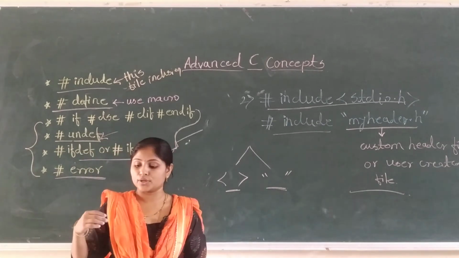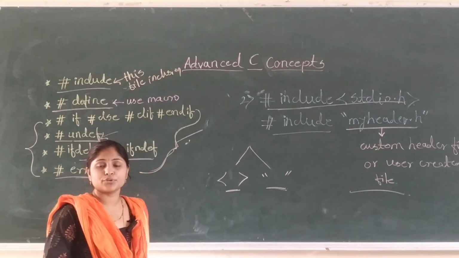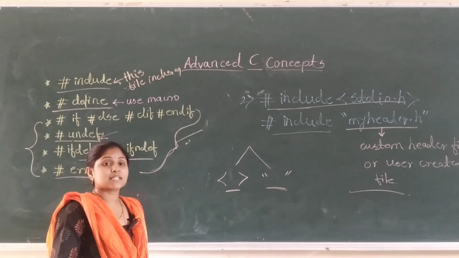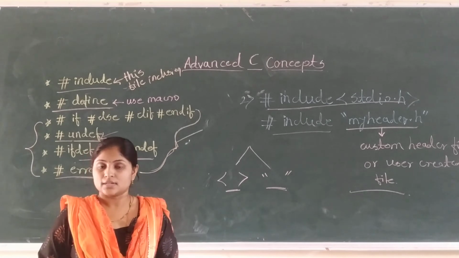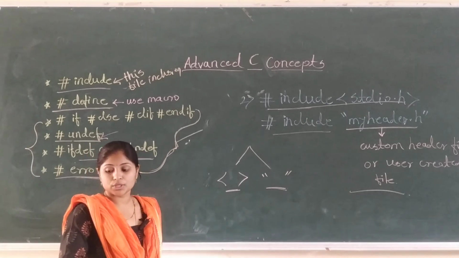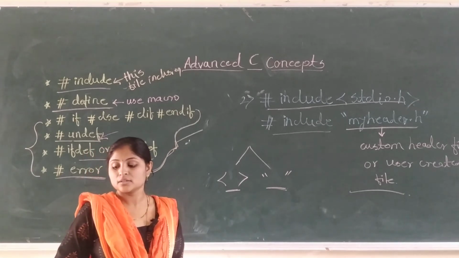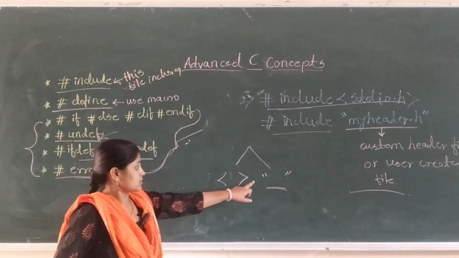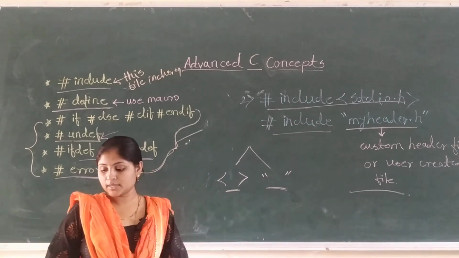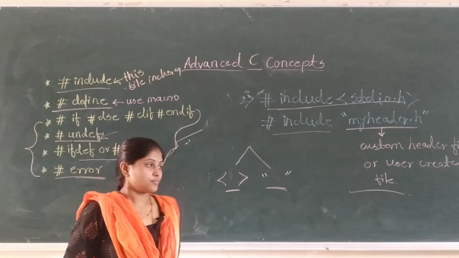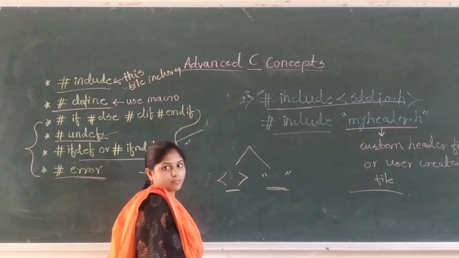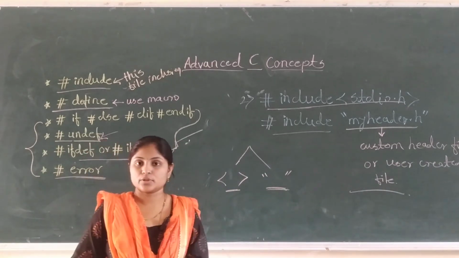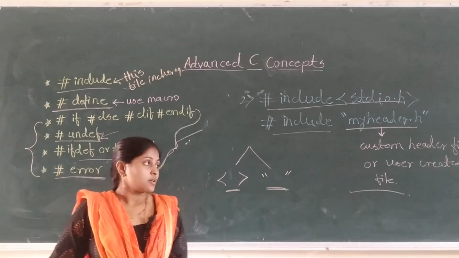But if you have any customized header file that you want to include in your program, that time you will use double quotes, with an absolute or relative path. The location will be an absolute or relative path.